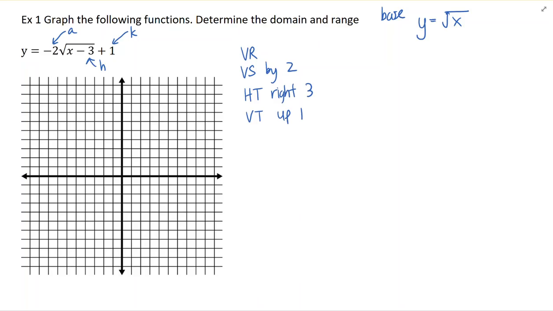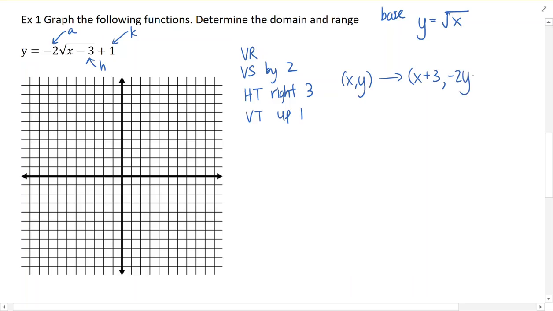Now that we know our transformations, let's do our mapping. We know (x, y) is now going to become, so there's only one number affecting our x, it's going to move to the right, so plus 3. And then we have negative 2y plus 1. Remember, our key points are 0, 0, 1, 1, 4, 2, 9, 3.